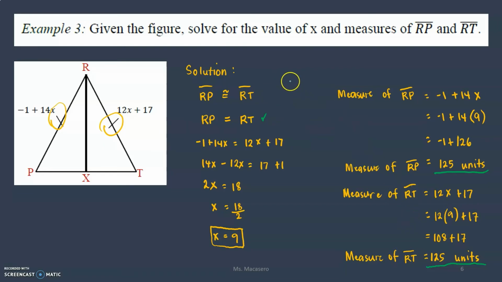So for this example, x is equal to 9, and the measure of segment RP and segment RT are 125 units.